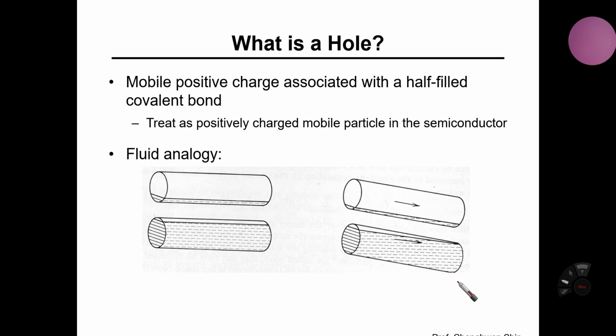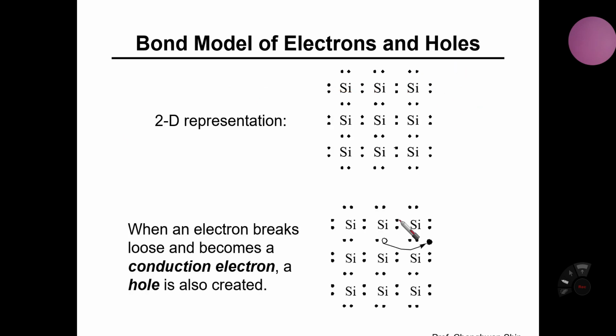So here, what is a hole? A hole is movable, so mobile, and it is a positively charged particle. And it is always related to the half-filled covalent bonding. Half-filled covalent bonding means this one, right? Only half of it has been filled with an electron.